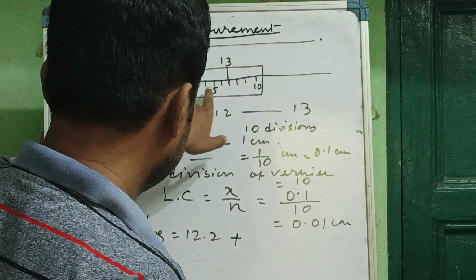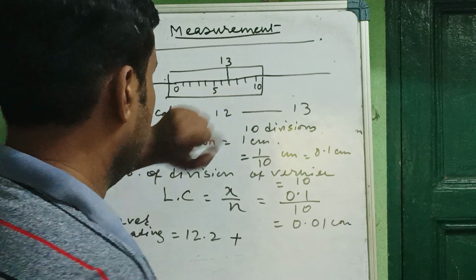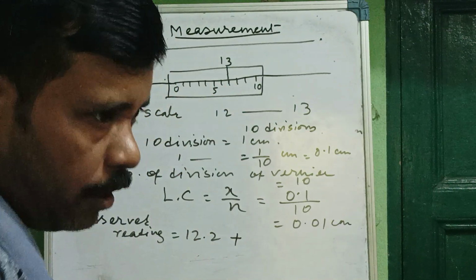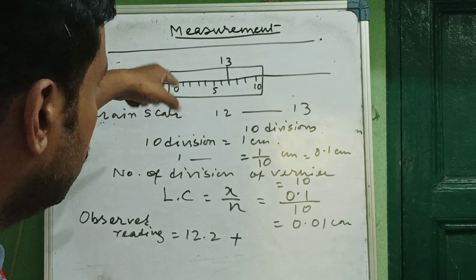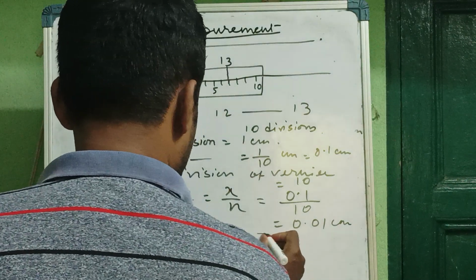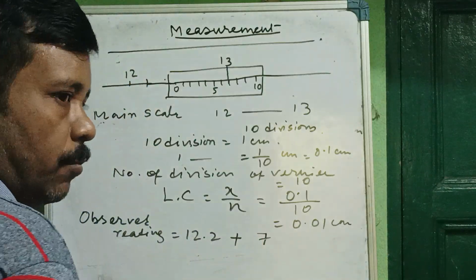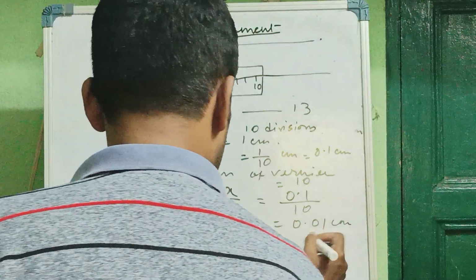For the vernier scale, this is 1, 2, 3, 4, 5, 6, 7. So the 7th mark coincides with a marking of the main scale, and the vernier scale least count is 0.01.